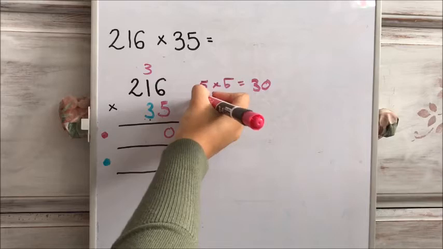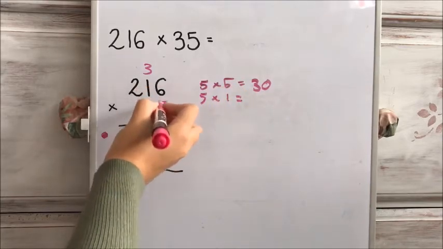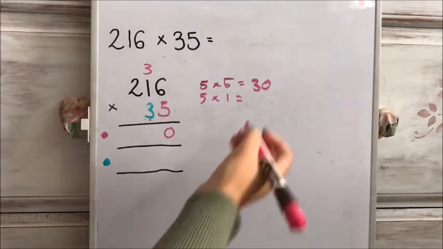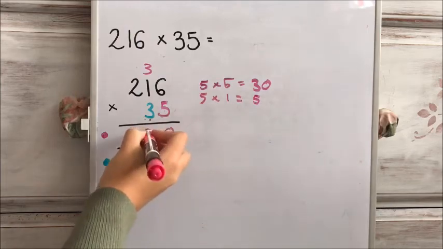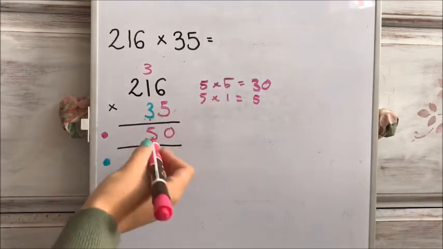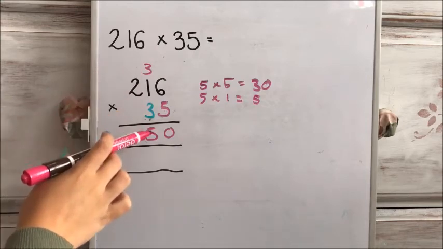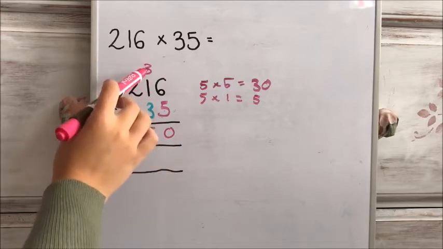Next row, 5 times 1. Because we've done 5 times 6, now we're doing 5 times 1. 5 times 1, everybody knows, is 5. Lovely. So we'd write 5 there. But we still have to factor in that 3 that we moved from the last time. So we know that 5 times 1 is 5, but we need to add this 3 on.